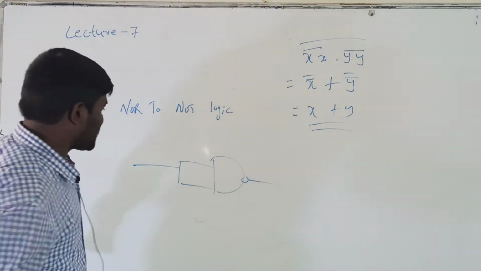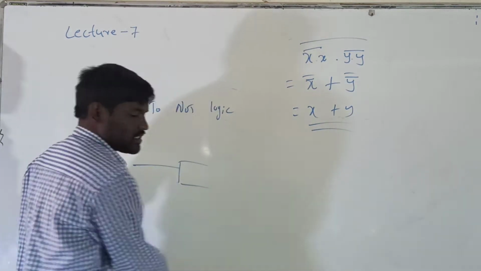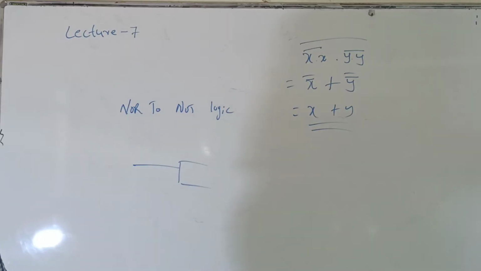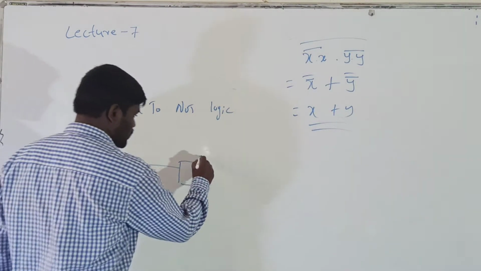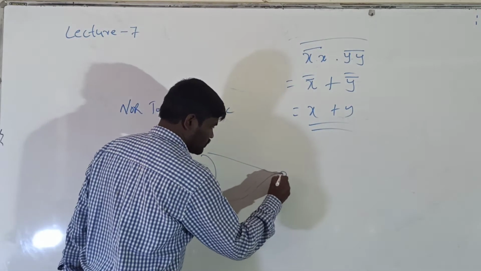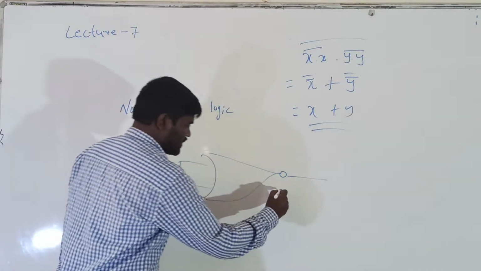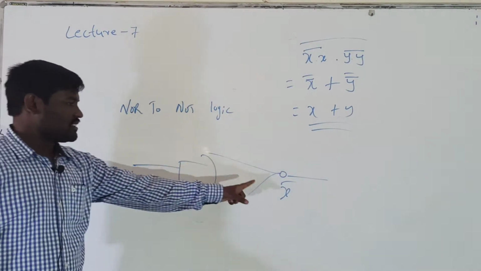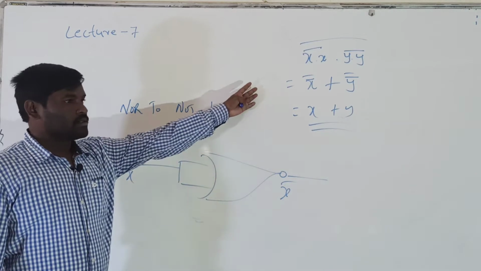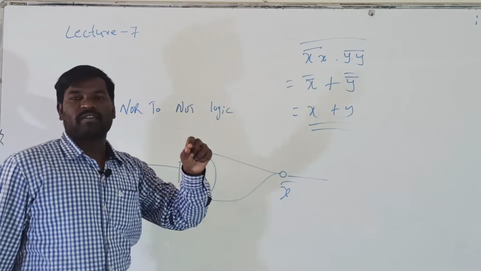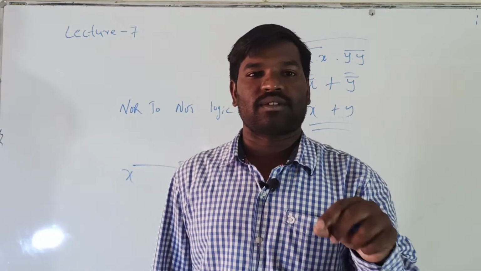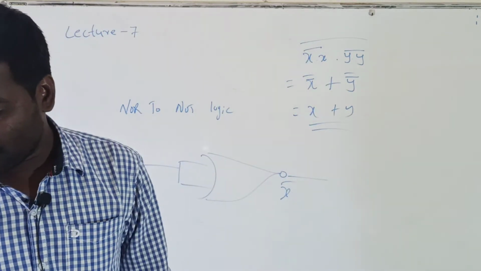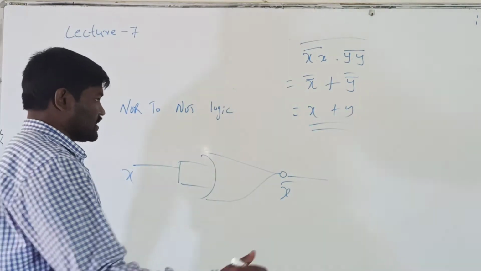Instead of drawing this, I can write NOR. Here x is there, it is x bar. Algebraically wherever we used the NAND, now we can use NOR. That is simple.